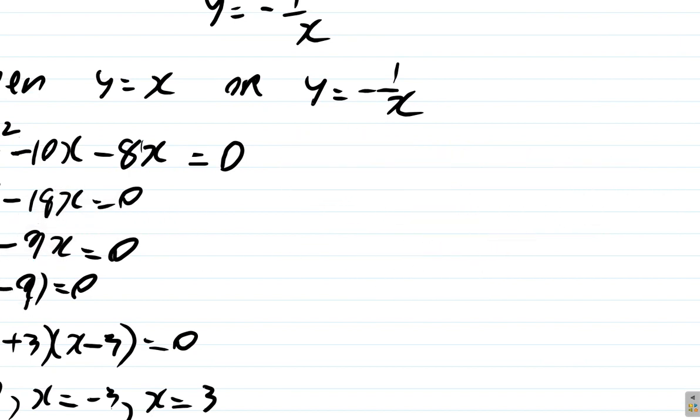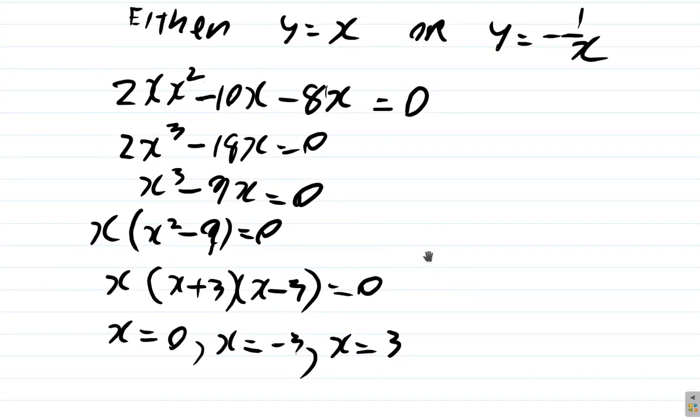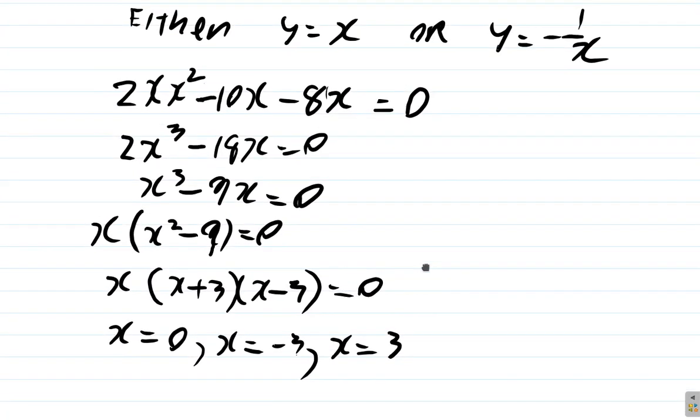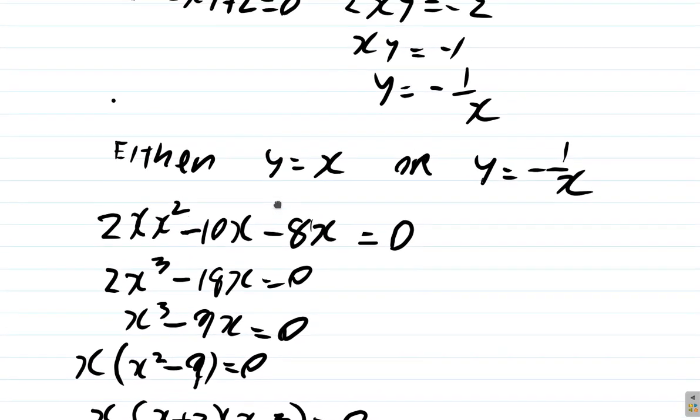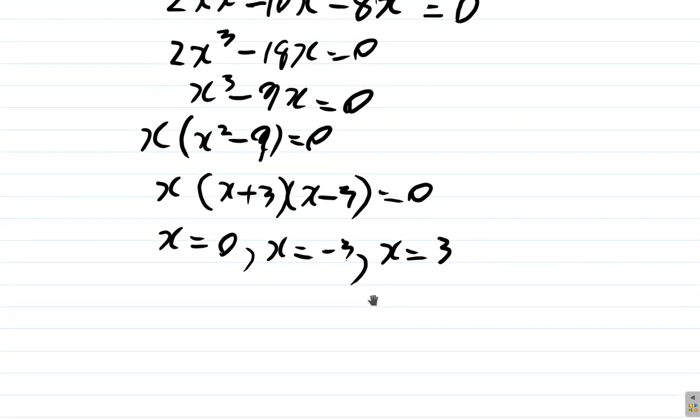So here, we have x equals 0, x equals negative 3, x equals 3, where we get it from y equal x. We're working with y equal x here. So if y is equal to x, then when x equals 0, y would be what?